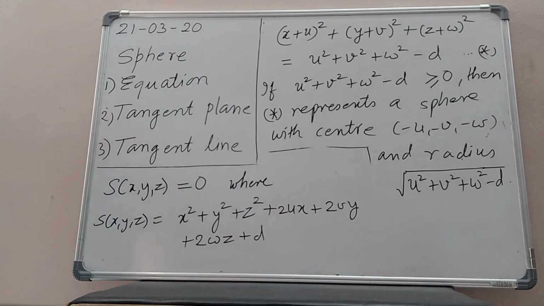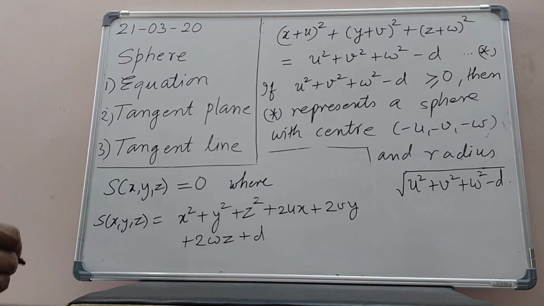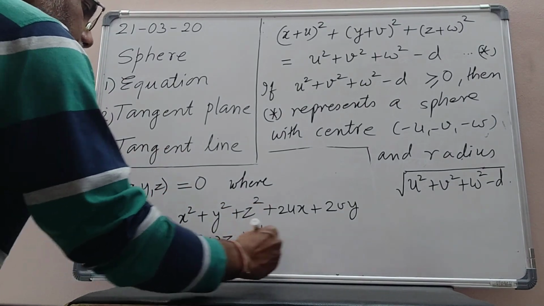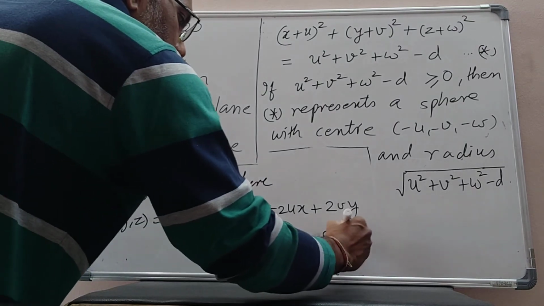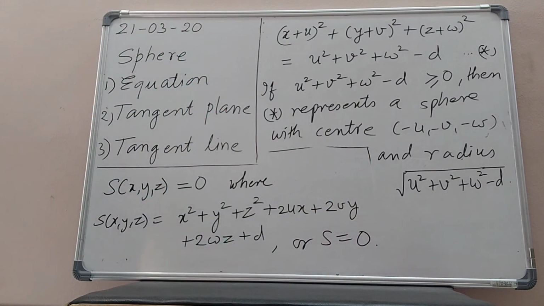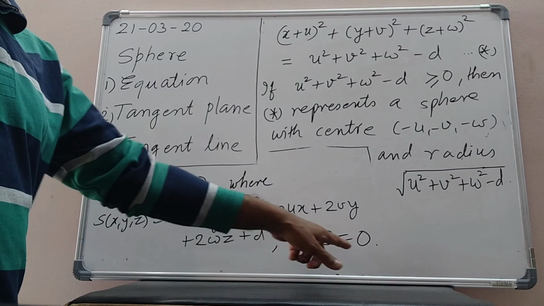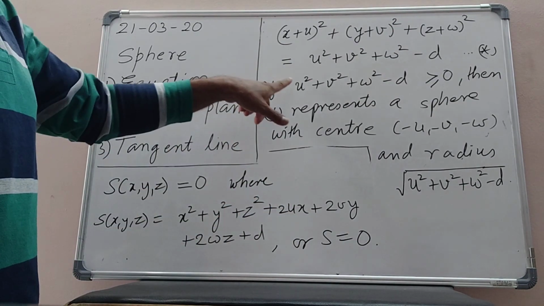I'm going to call this expression S. I'll be writing it as S(x,y,z) equal to 0, or simply S equal to 0 if the context is clear. So S equal to 0 will represent a sphere if this condition is satisfied.